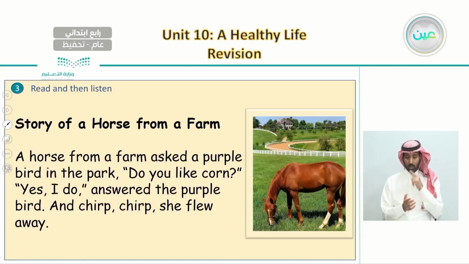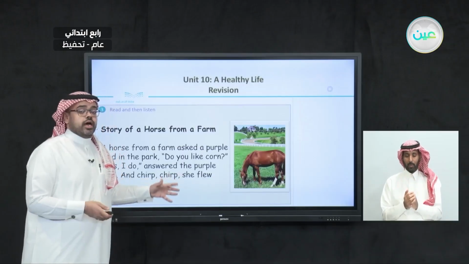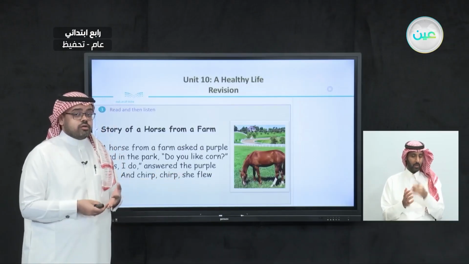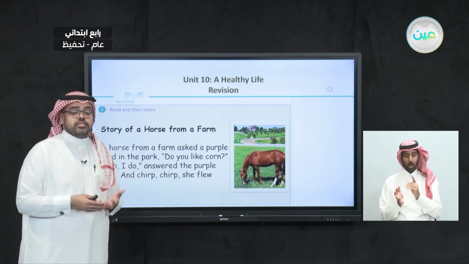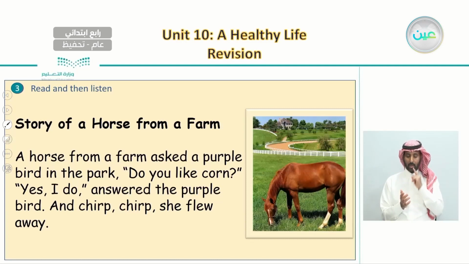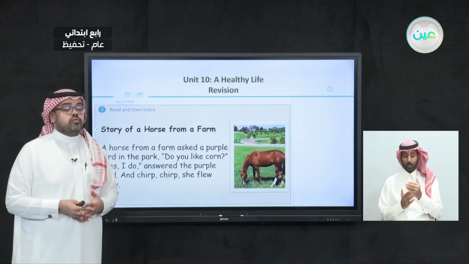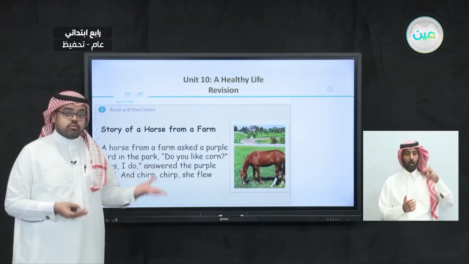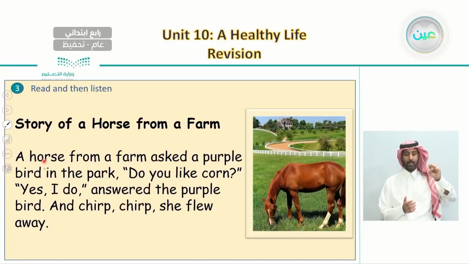So here, in this text, we have words that have the UR sound and also words that have the IR sound. Like for example, here we have this word purple that has the UR sound, and we have bird and chirp that have the IR sound. Not only this, but also we do have words with the OR sound, like horse and also corn.